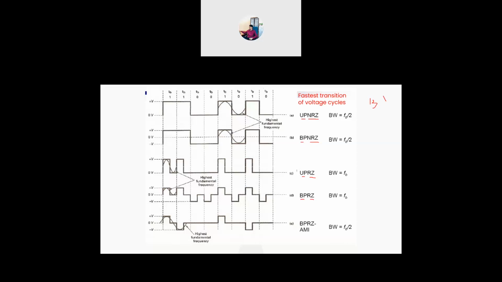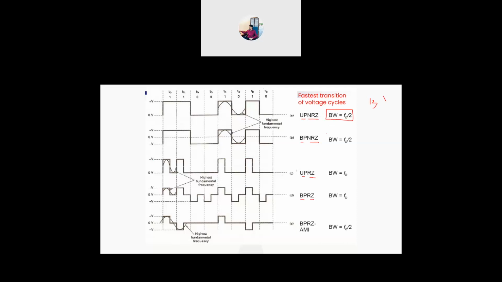In the books you have a good illustration there, you can look at it. If you see here, the fastest transition of voltage cycles, for bipolar NRZ the bandwidth is FB over 2.